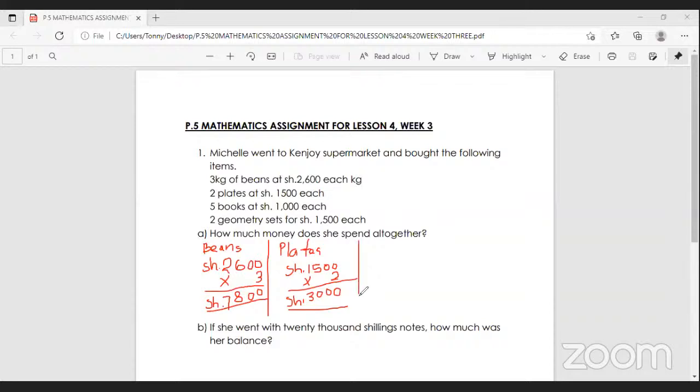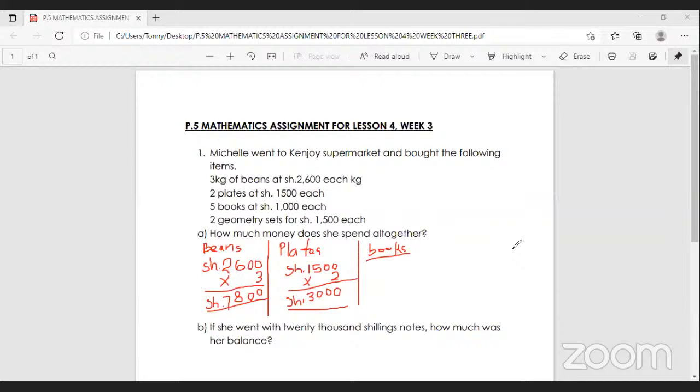So we have spent 3,000 shillings on plates. That is very good. So we are going to the next item. The next item is books. So you see, you need to get the total amount of money for all the items you have bought. So you go to books. Now let me pick Arthur to work out for us the one for books. Arthur, can you come on and get for us the money we are spending on books?